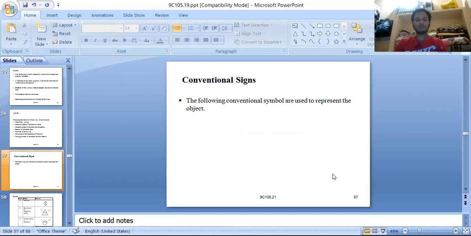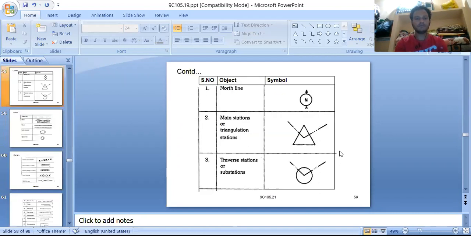In the field, we may come across different objects. We cannot use the same symbol for every object. Therefore, we have some conventional signs for those we generally come across. Most of the time, it is essential to draw a north direction.